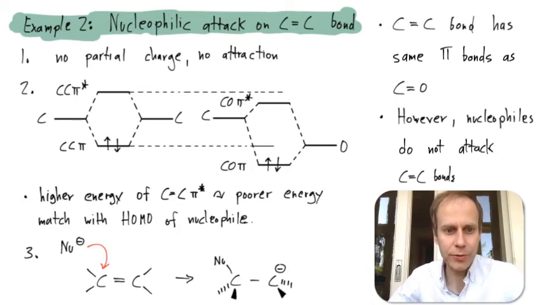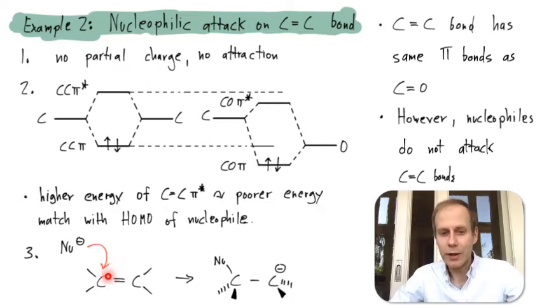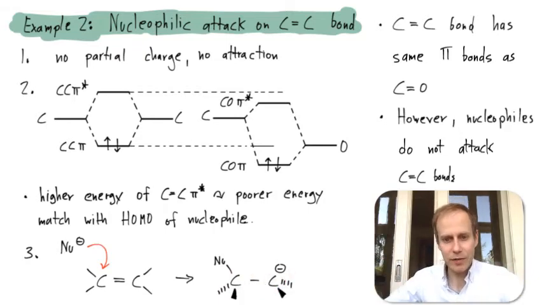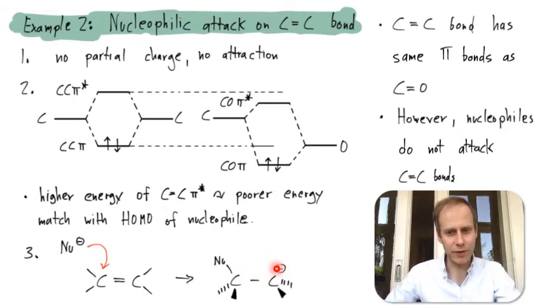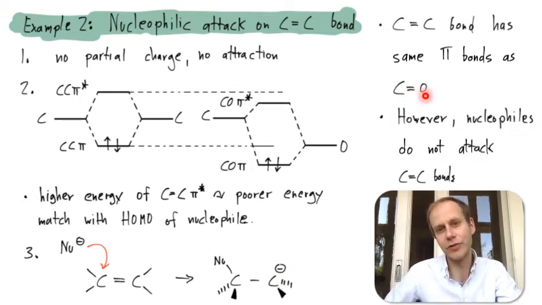So the third reason is that, say, when the nucleophile attacks the double bond, then a negative charge needs to be located on one of the two carbons. But since the carbons are the same, they don't have a high electronegativity, it's energetically unfavorable to have a negative charge on one of the carbons, unlike with having a negative charge on the oxygen, right?